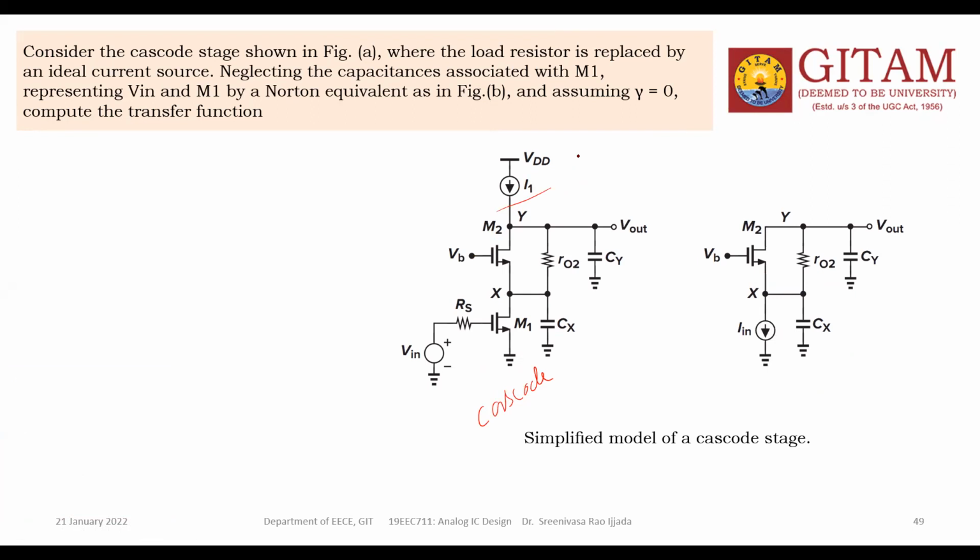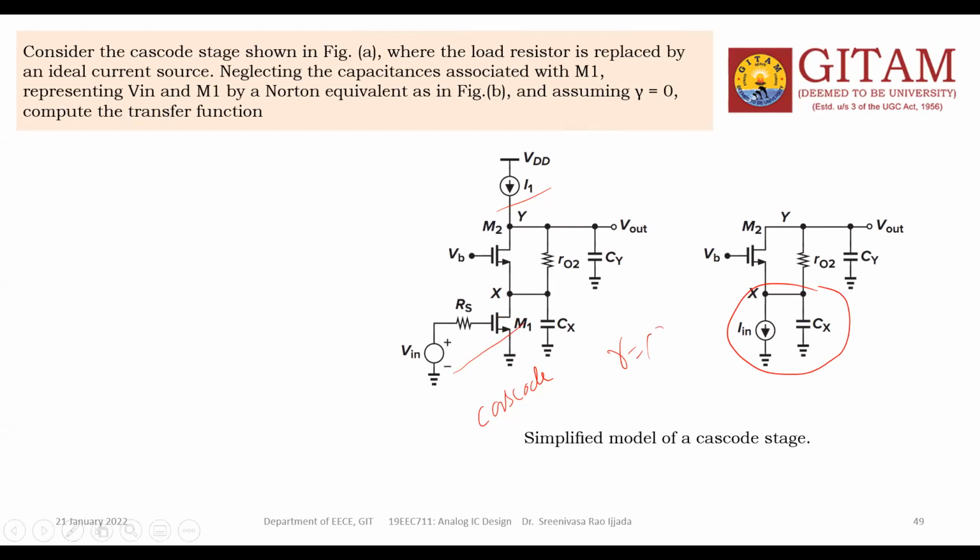Now, neglecting the capacitance associated with M1 and representing Vin and M1 with a Norton equivalent circuit like this, assume gamma, the body effect value, is 0. Now compute the transfer function.